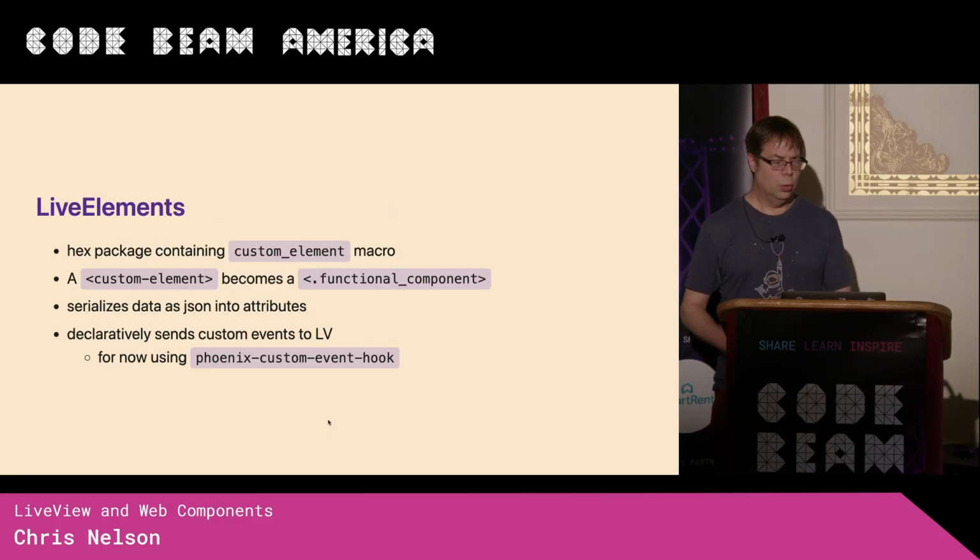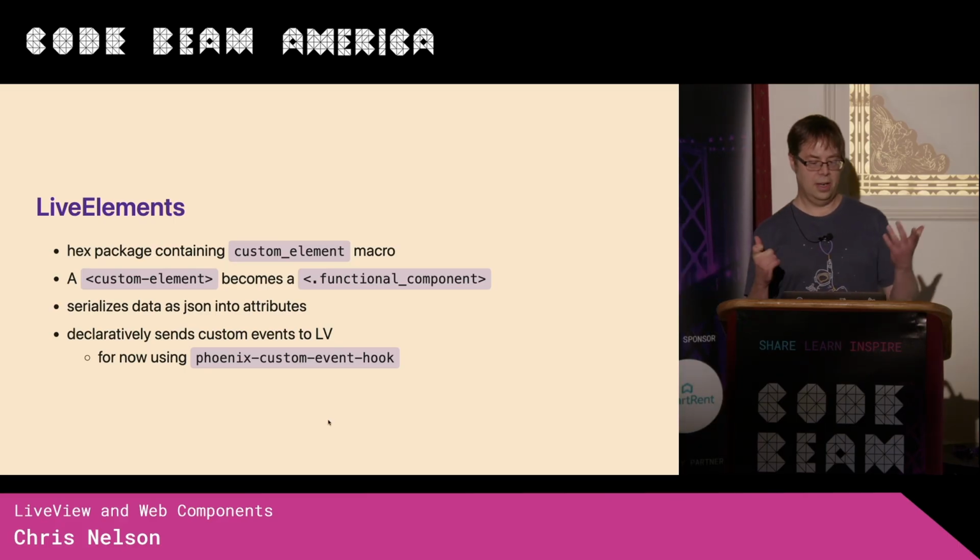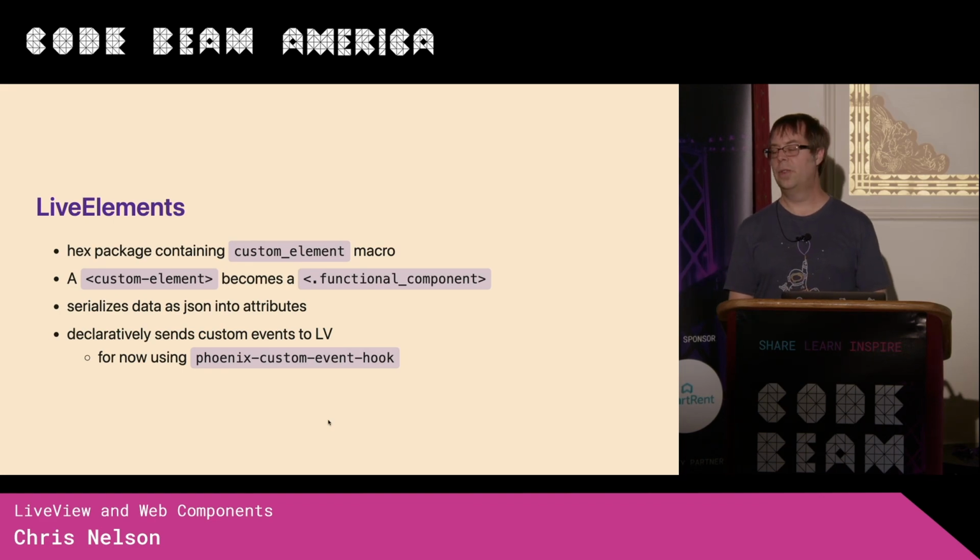So with all that said, LiveElements is then a library to automate some of the things I just described. It is a hex package, of course, and the main thing it gives you is a custom element macro. That custom element macro is a declarative way to produce a functional component wrapper around a custom element.